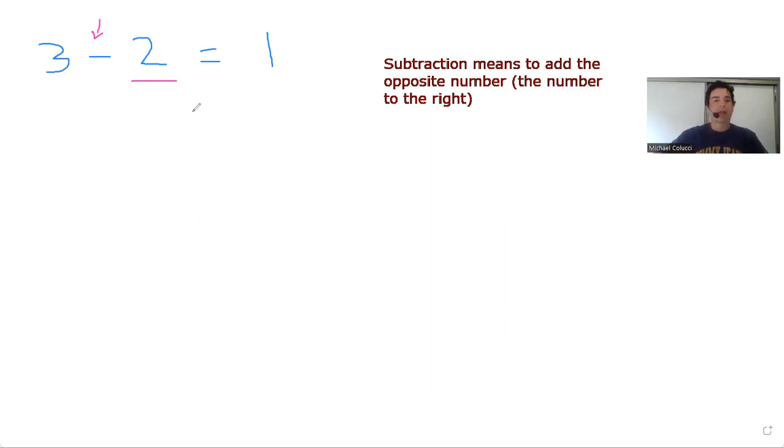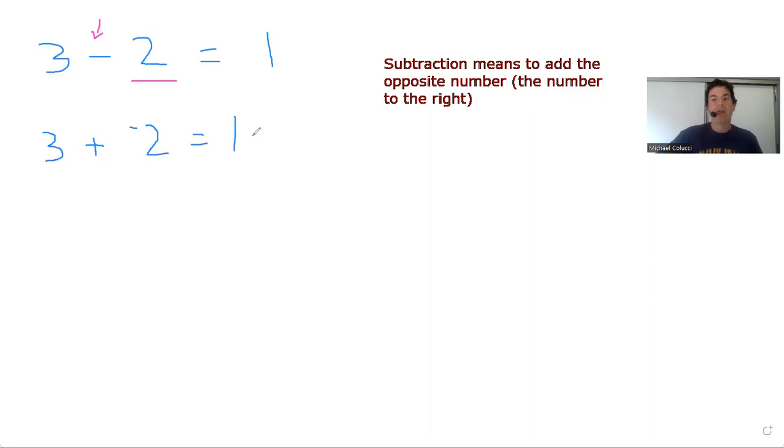Okay, so what does that look like? That means I'm going to take 3 minus 2 and I'm going to turn it into 3 plus, because I'm adding the opposite number, -2.